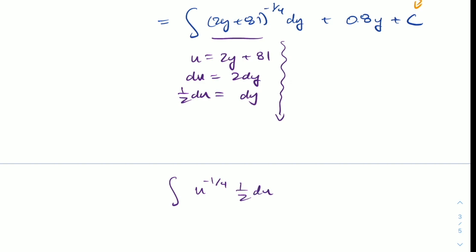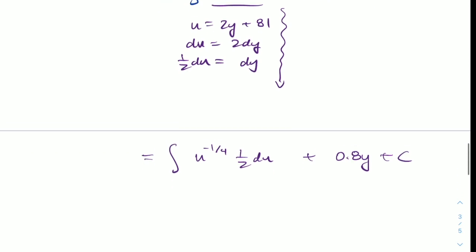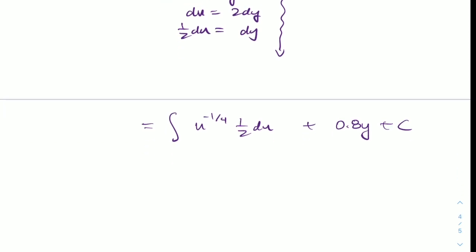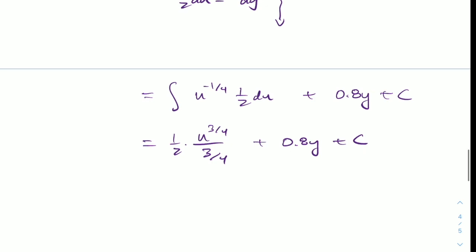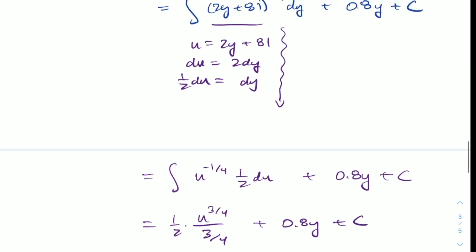And we'll copy the 0.8Y and the c from earlier. Okay, now we can use the reverse power rule to antiderive this u to the negative 1/4. We get u to the 3/4 all over 3/4. Again, we'll have the 0.8Y and the c from earlier. And then we'll back substitute our 2Y plus 81 for u.